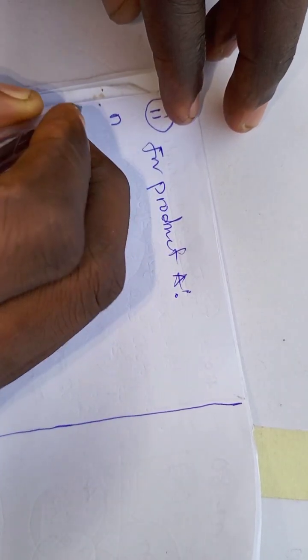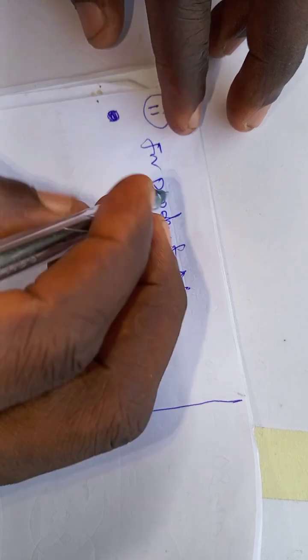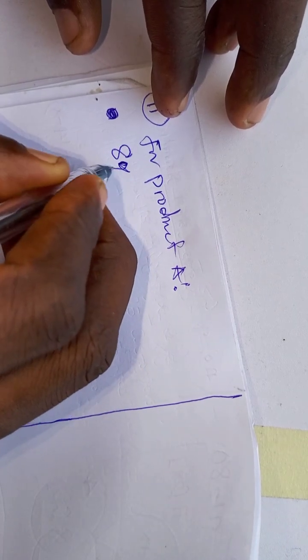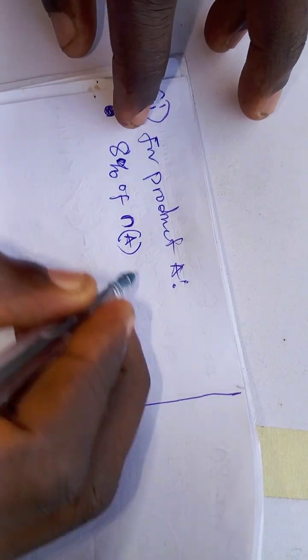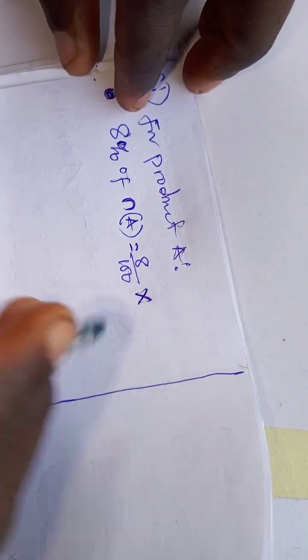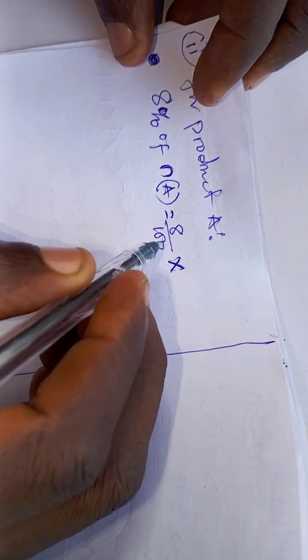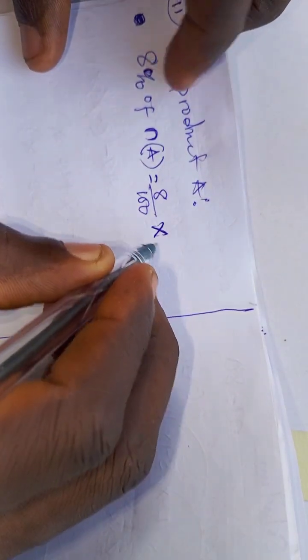We'll firstly find the percent of the number of customers that liked product A. The number of customers that liked product A was reduced by 8%, which means the 8% should now be equal to 8 over 100, because percentage represents 100, times the number of customers that liked product A. The number of customers that like product A initially was 425.